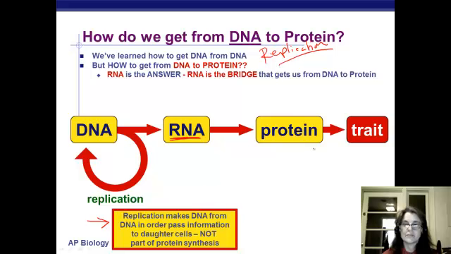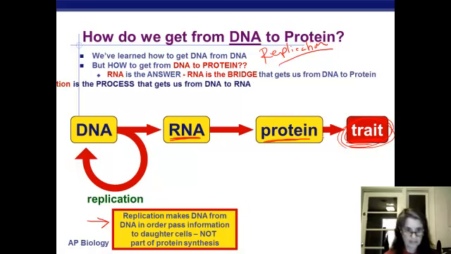At any rate, it is proteins that actually give us our traits, okay? Certainly the DNA is the instructions for making the protein, but what we see when we look in the mirror and we see our brown hair or our blue eyes or whatever, we are seeing the traits that those proteins give us.